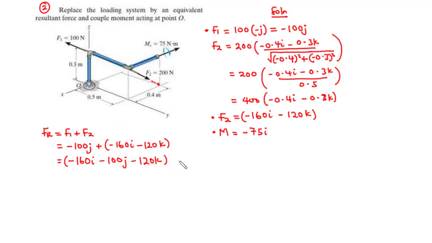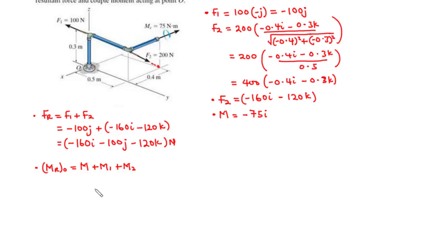So this is the resultant force. Now let's move on to the resultant couple moment about point O. So that is giving us MRO equals M plus M1 plus M2. Now we already have M to be negative 75i.